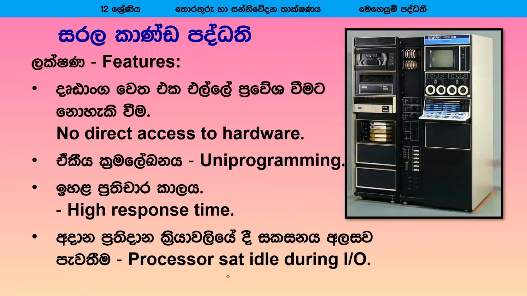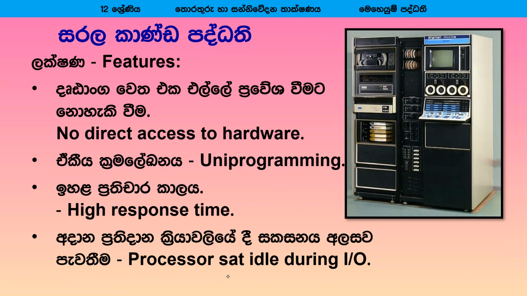So the features of this, right? I have put up a particular machine which works in this manner, and you can see a small monitor at the top right corner. It will show some basic details given by the operating system. Now there is no direct access to the hardware, right?